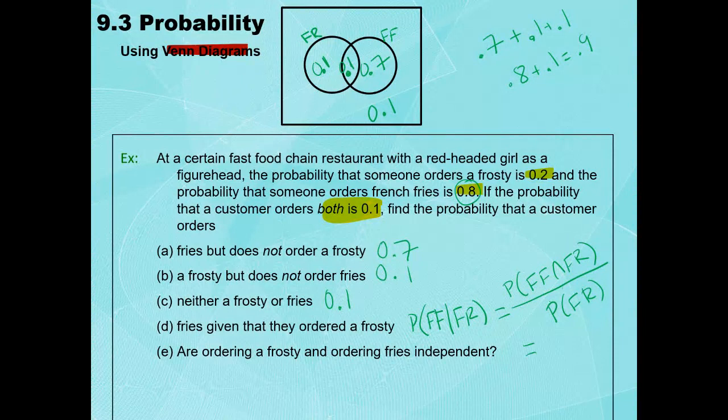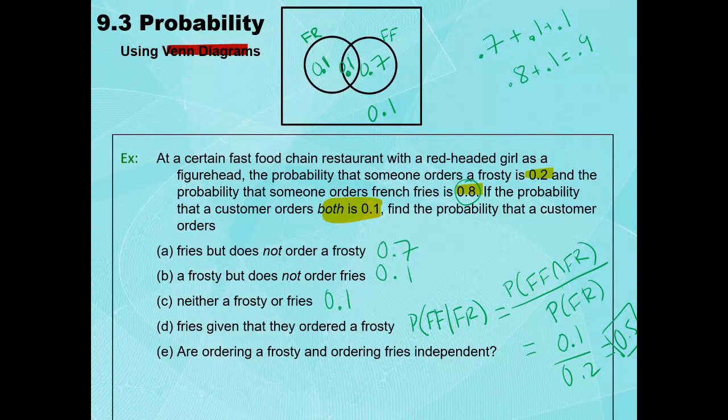So the probability that they ordered both, we know that is 0.1, over the probability that they got a Frosty, which is 0.2, right? So what is 0.1 over 0.2? Well, that's 0.5, right? So there is a 50% chance that they ordered fries given that they ordered a Frosty.